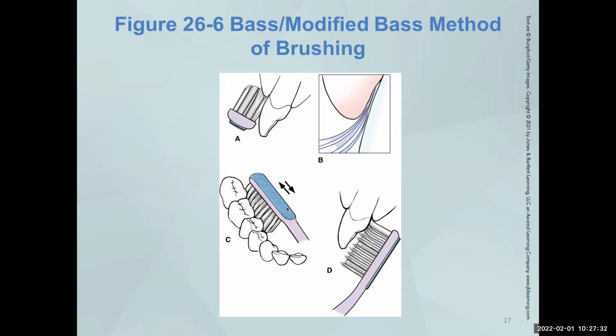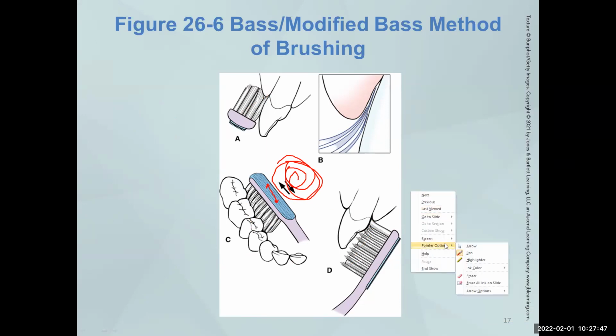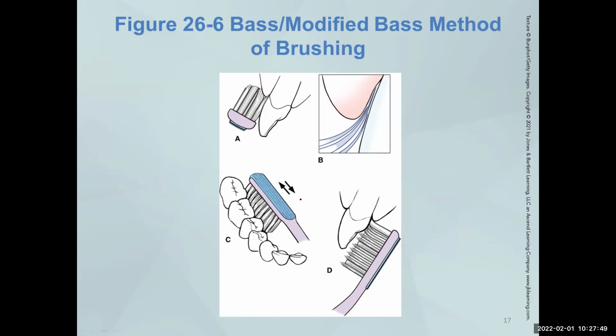So if you're watching your patient brush, and if they're doing circles, that's fine. You don't have to tell them they have to go back and forth if they're a circle person. If they can do tiny little circles, again, what you're trying to do is shimmy those bristles underneath the gum tissue.